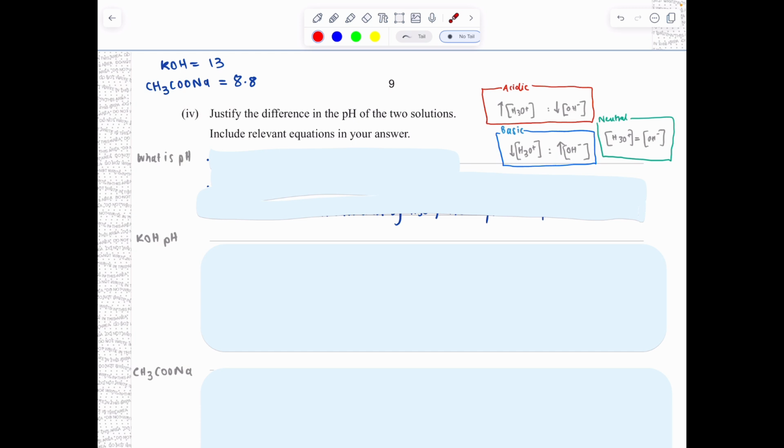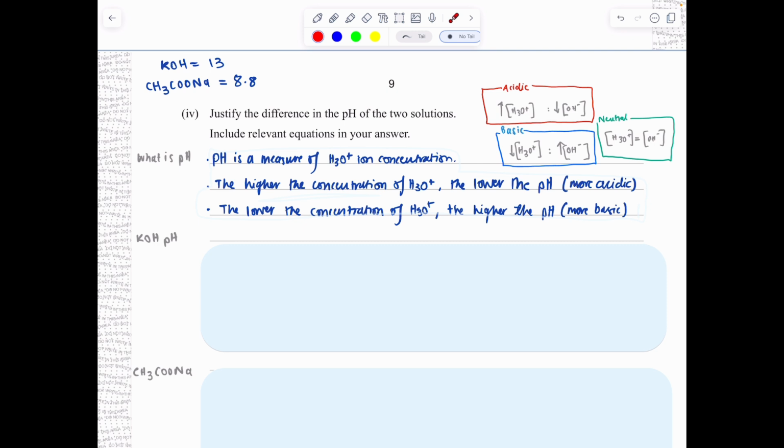So how are we going to write about this? Well, let's start off by explaining what pH is all about. pH is a measure of hydronium ion concentration. The higher the concentration of H3O+, the lower the pH, which means it's more acidic if it's a low pH. The lower the concentration of H3O+, the higher the pH, which is more basic, okay?